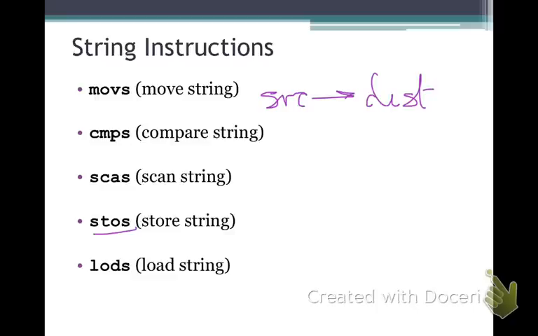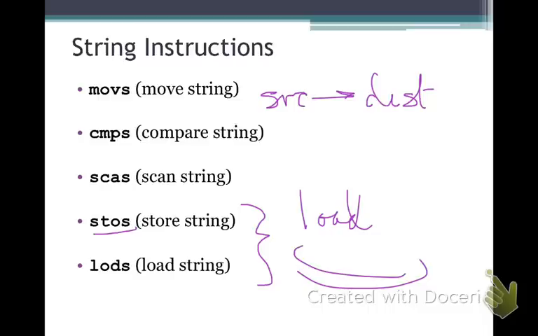Typically, you're going to see these two working together, where we load and then process somehow and then store when we're done. So we see this combination used frequently in the string commands.